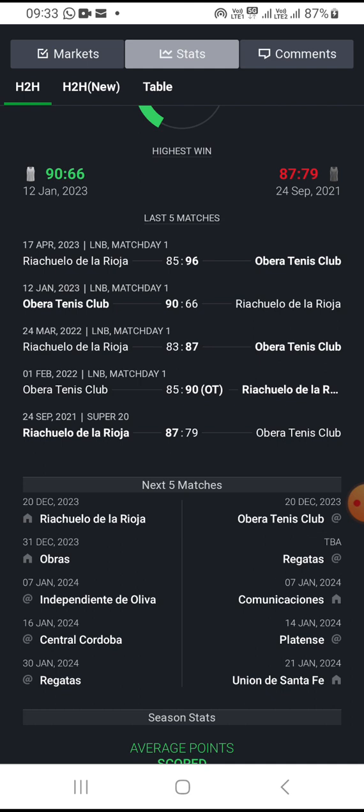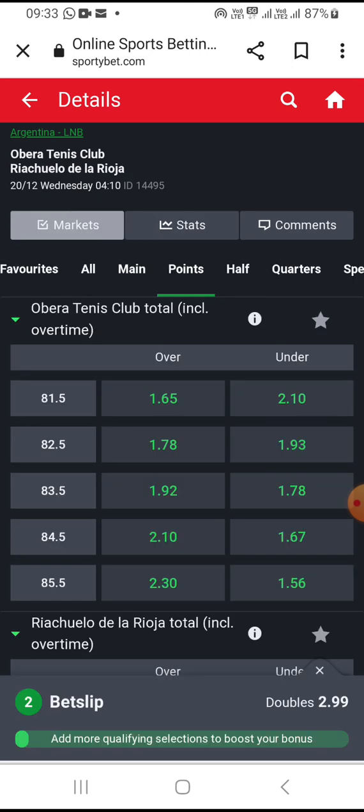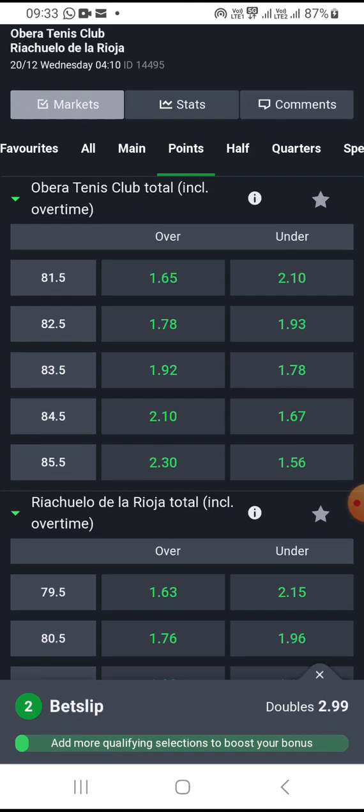So when you go to the market, you go to the points. You find out that 81.5 points over, can Obera Tennis Club total over 81.5? Would it work? Based on what we got under H2H, 87.4 tallies to it. It even tallies to the end of the distance, 85. So if you want to play the highest there, it is 85.5, and 87.4 tallied to it under H2H.